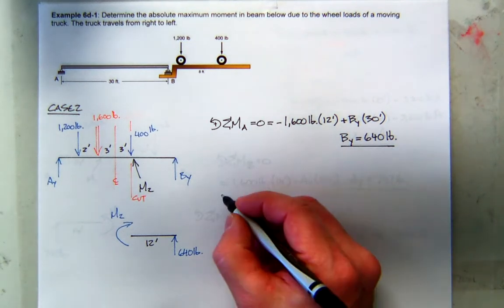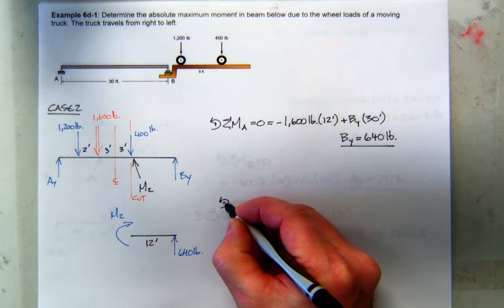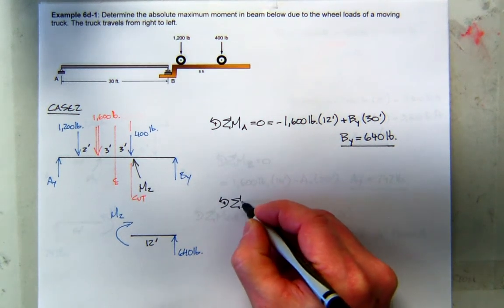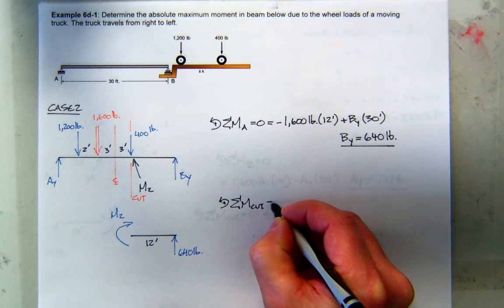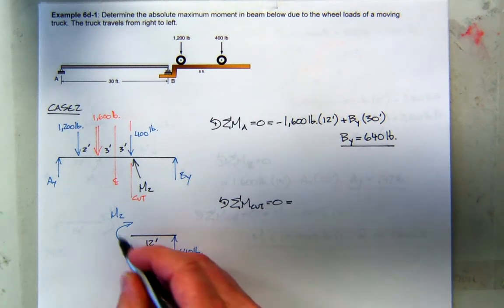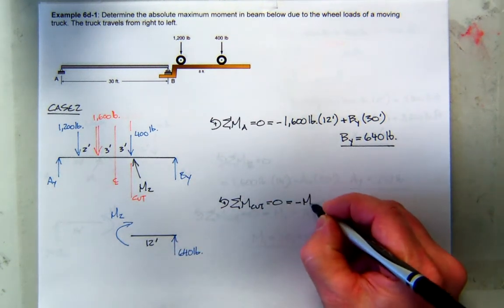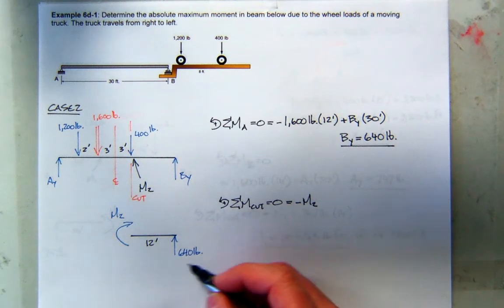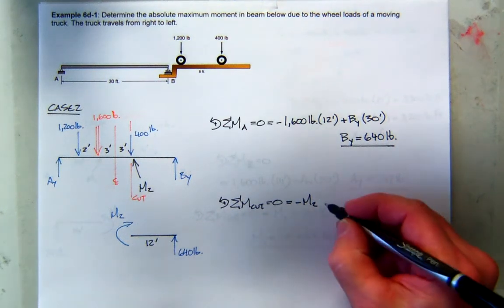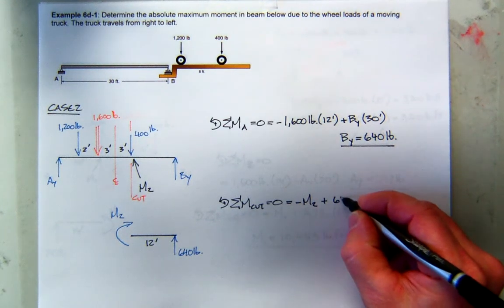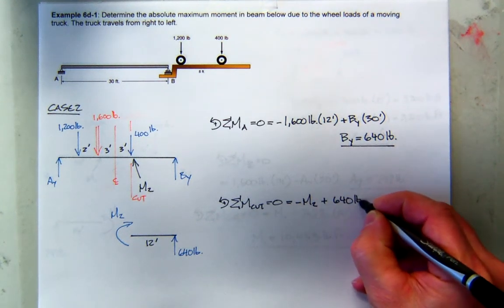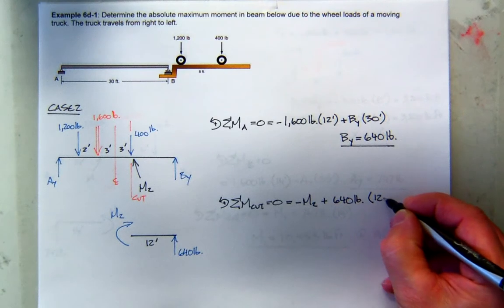Well, we'll just sum moments at the cut. Make sure it's in equilibrium. So the internal moment here, with right-hand rule, is negative. The 640-pound reaction force creates positive moment. And it has a moment arm of 12 feet.